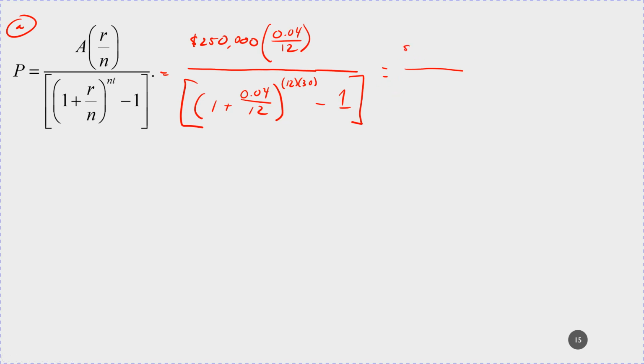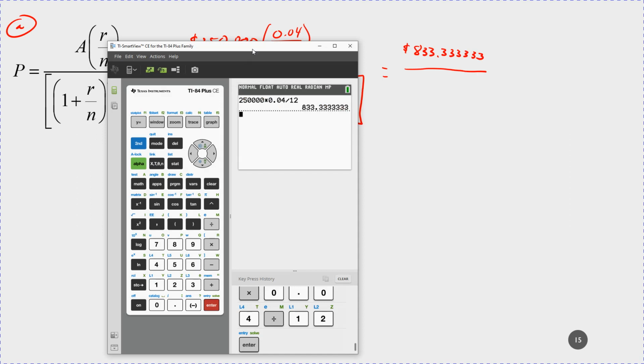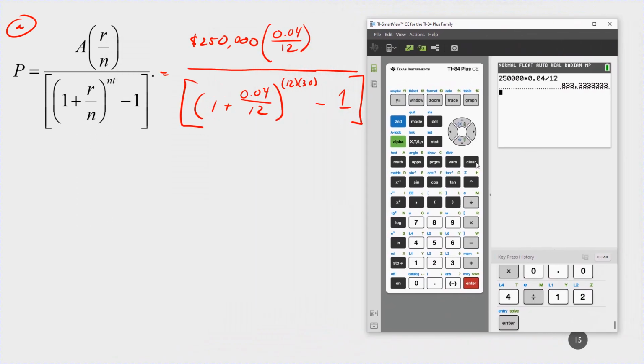Excuse me. Sorry about that. Divided by, now remember, for this one we're also going to go out a significant number of decimal points. So start on the inside: 0.04 divided by 12 plus 1.